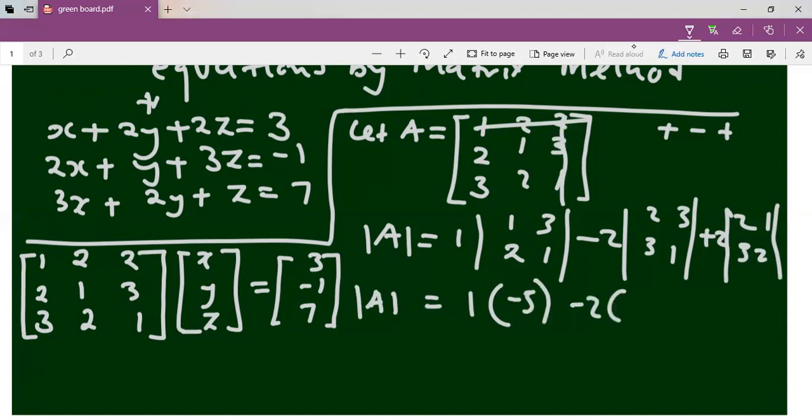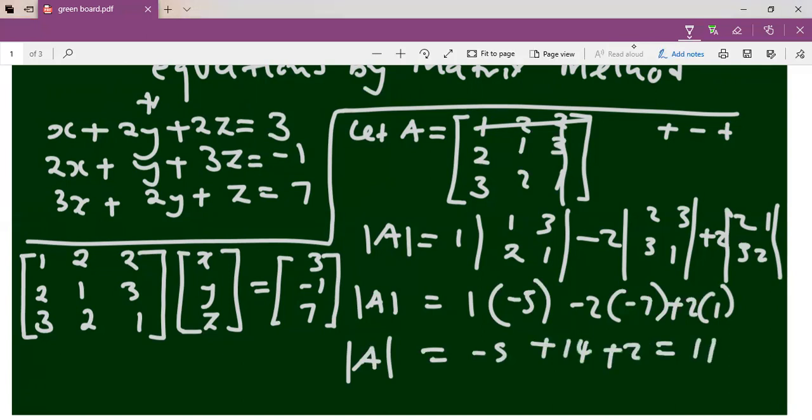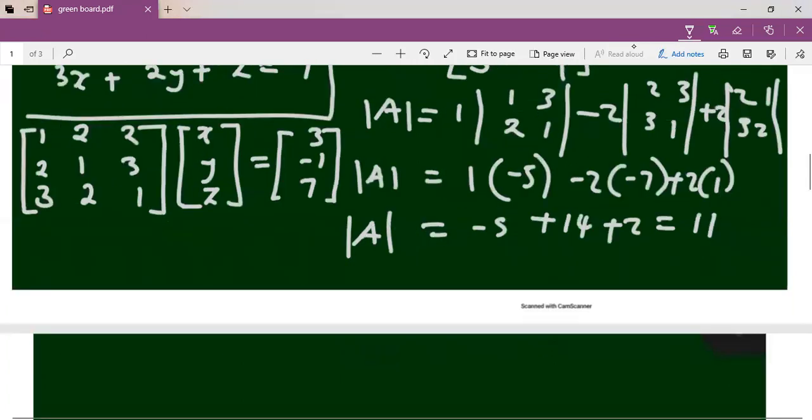This is 2 by 1 is 2, minus 9 is -7, plus 2. 2 by 2 is 4, minus 3, you get 1. All right? And once you add this, here it's going to be -5 plus 14 plus 2, and the answer is 11. So that is our determinant.